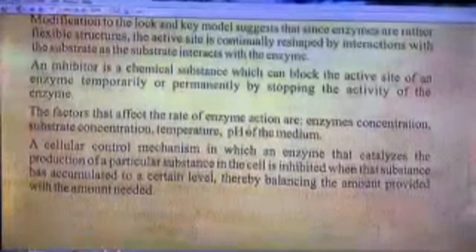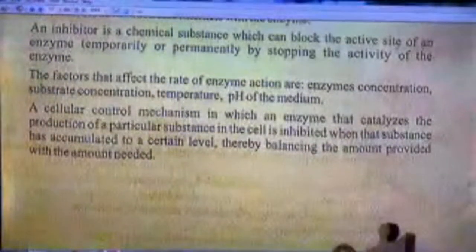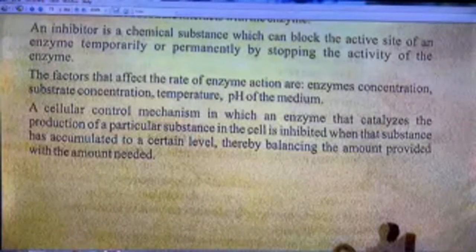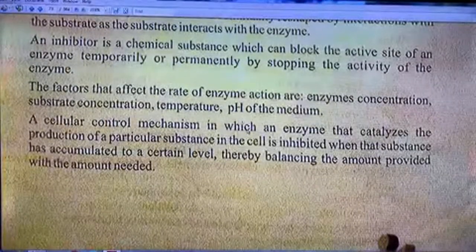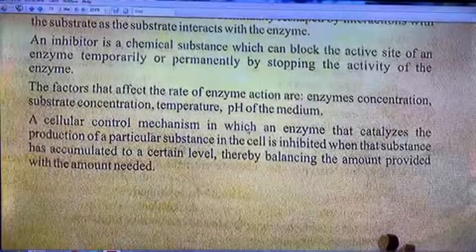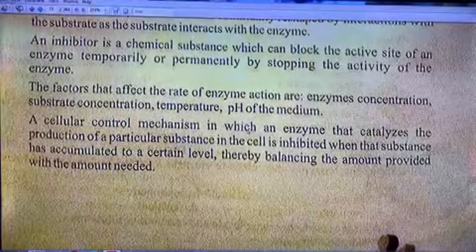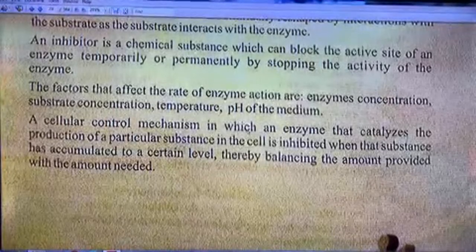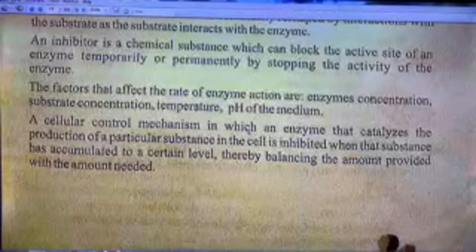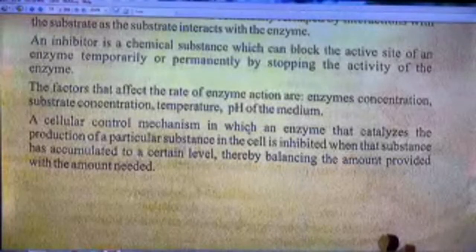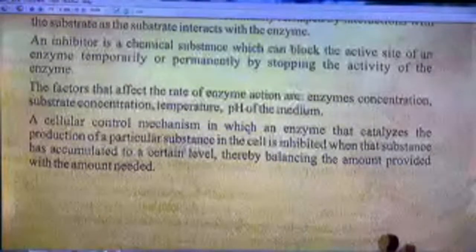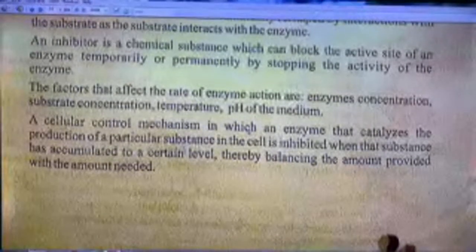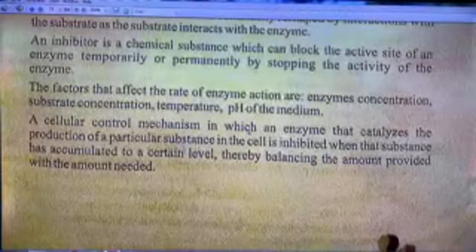An inhibitor is a chemical substance which can block the active site of an enzyme temporarily or permanently, stopping the activity of the enzyme. Factors that affect the rate of enzyme action are enzyme concentration, substrate concentration, temperature, and pH of the medium. Feedback inhibition is a cellular control mechanism in which an enzyme that catalyzes production of a particular substance in the cell is inhibited when that substance has accumulated to a certain level, thereby balancing the amount provided with the amount needed.